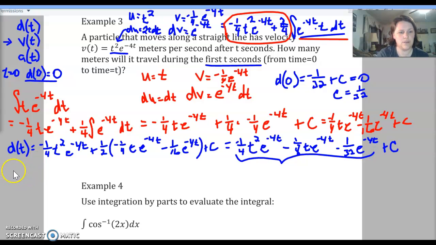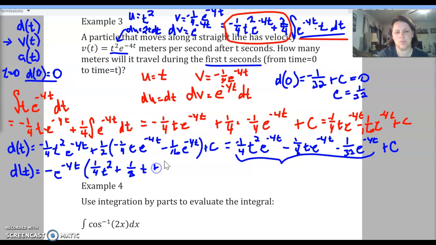So I have a fairly nice looking answer. d of t is equal to negative e to the negative 4t times 1/4 t squared plus 1/8 t plus 1 over 32 for our constant. And that's our final answer.